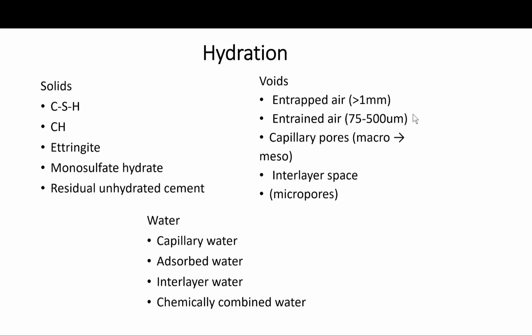It helps workability. We have the capillary pores, we have the interlayer space, and we have the micropores. Of course, we have water also present. We have the capillary water, the adsorbed water, interlayer water, and the chemically combined water.